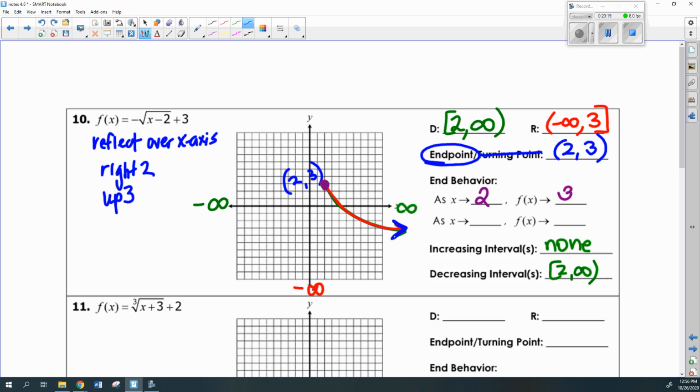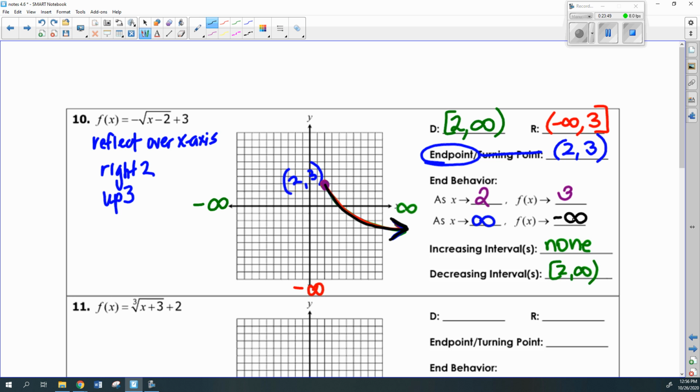This arrow is definitely pointing to the right, so I'm going to use a positive infinity. Then for the y, or the f of x line, I want to know if this arrow is pointing up or down. We said it was decreasing, so it better be pointing down, so that one goes to -infinity. So that is another piece that changes when you have a reflection over the x-axis.